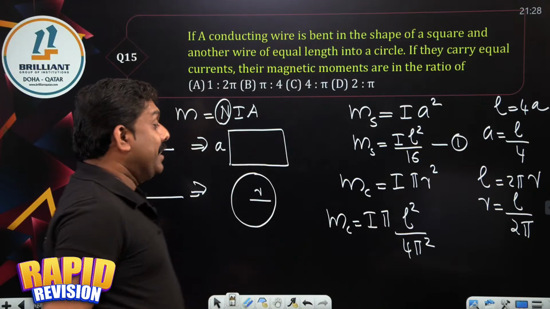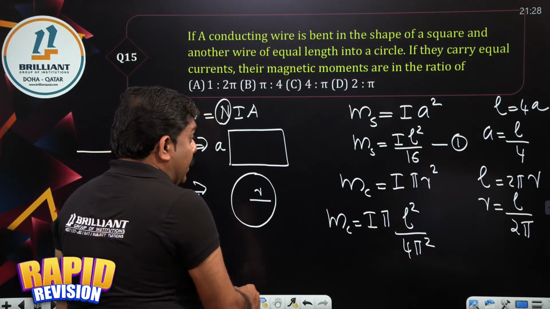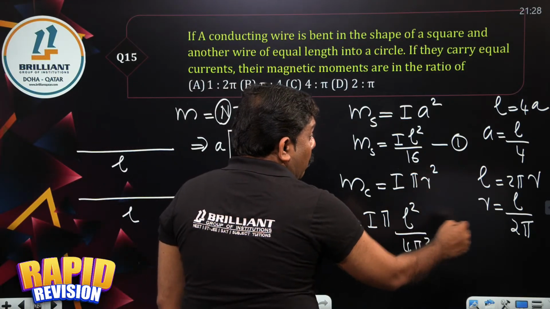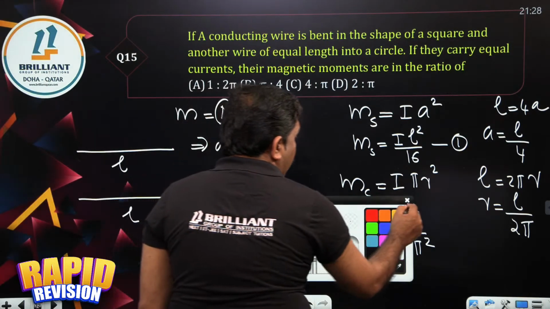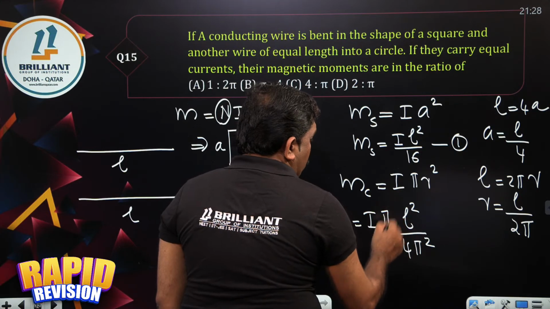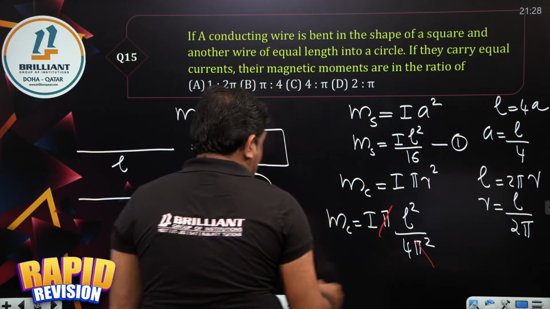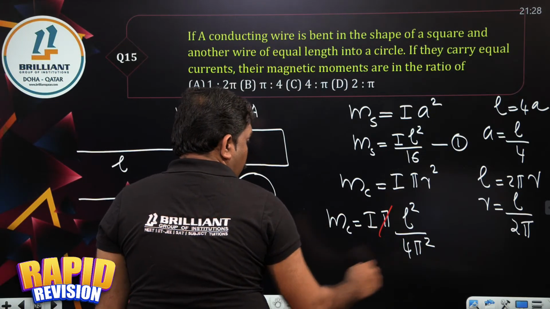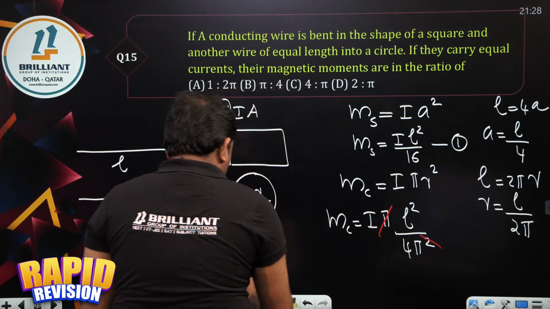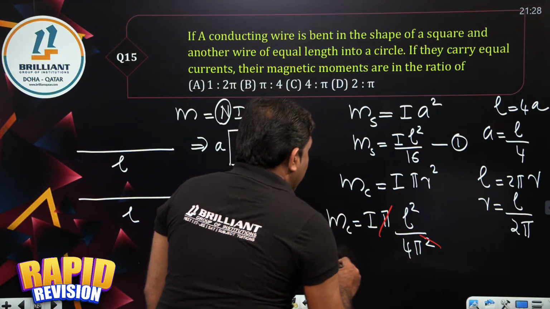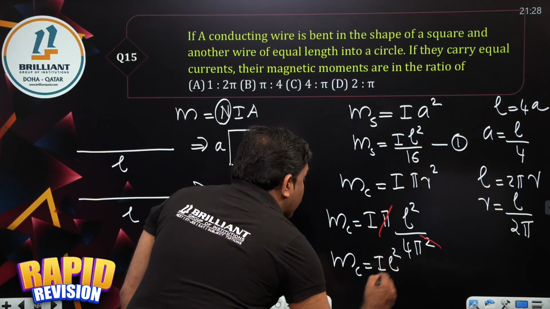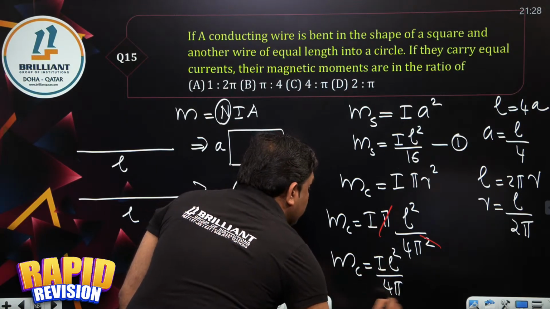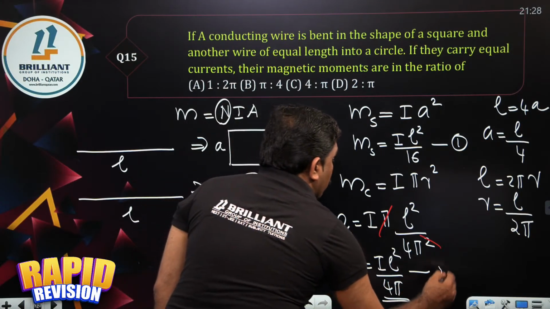Now cancelling the terms, pi and one pi cancel. So the magnetic moment of the circle is I L square by 4 pi. That is equation 2.